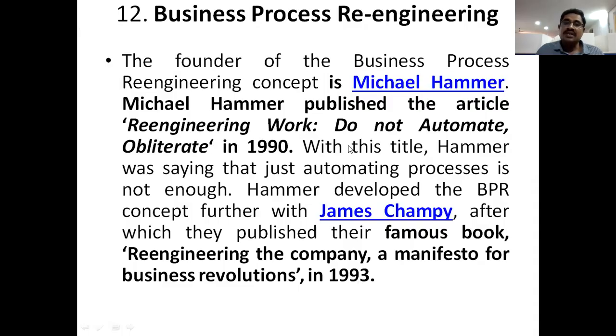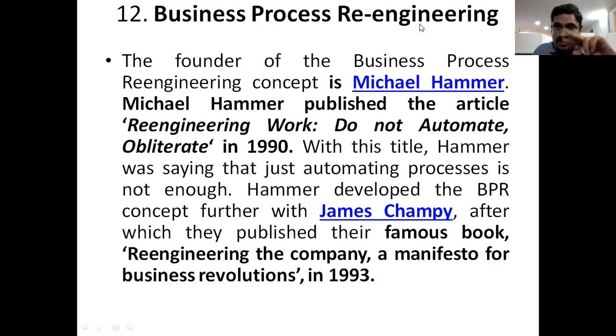Business process reengineering simply means, look here, first of all understand reengineering. Reengineering means redesign, replanning, right? Redesigning of business processes, replanning of business processes. That is called BPR, business process reengineering.